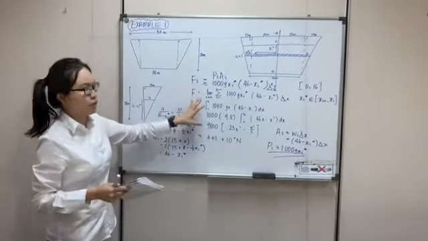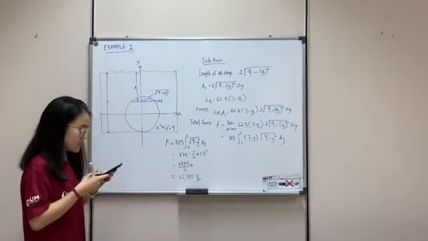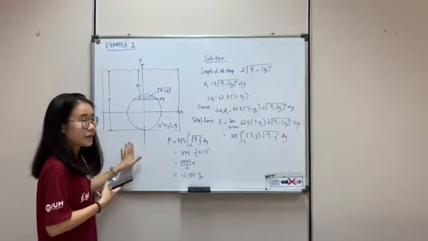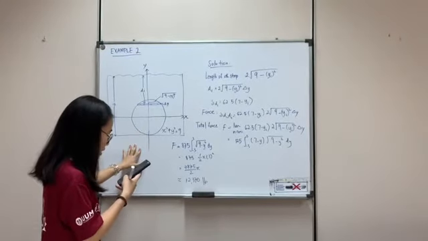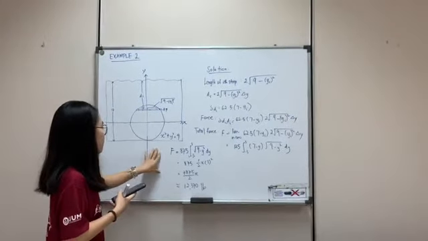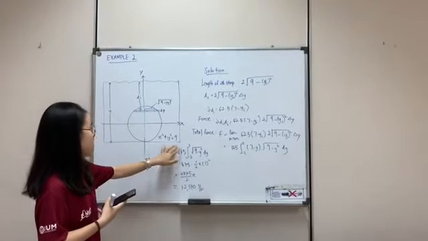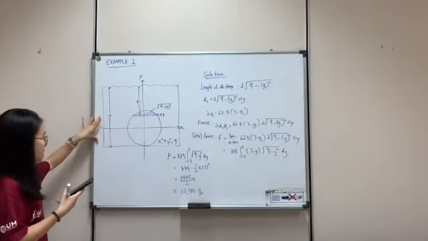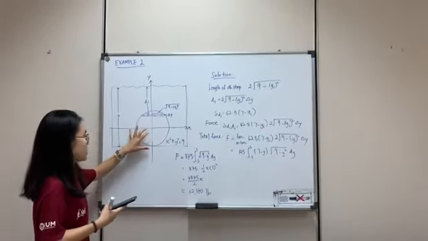using this solution. So I will talk about example 2, and in this example we will find the hydrostatic force acting on a cylindrical drum. The circle equation given is x squared plus y squared equals 9, the depth of the water is 10 feet, and the radius of the circle is 3 feet.